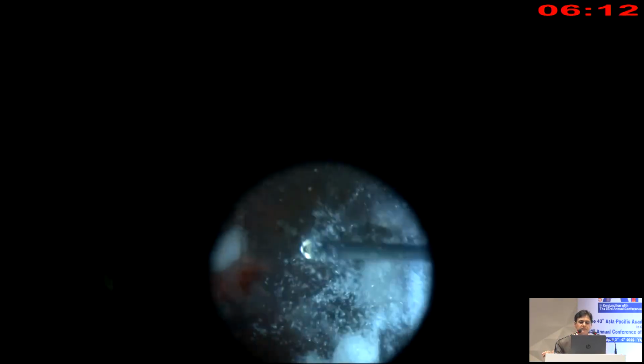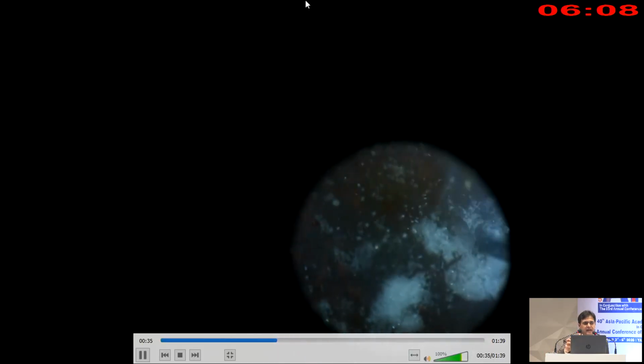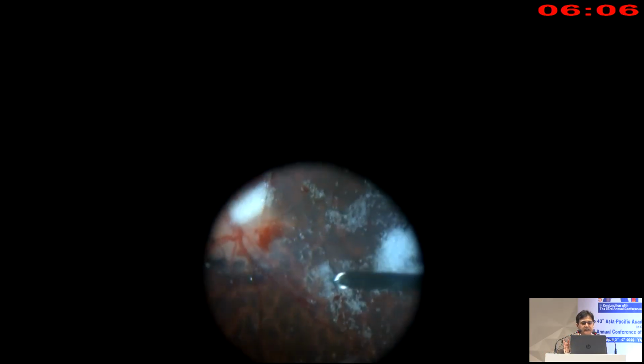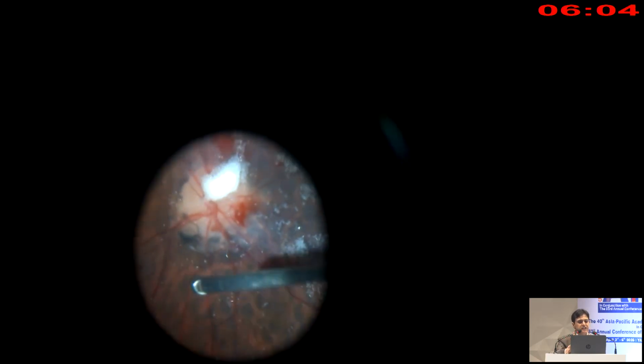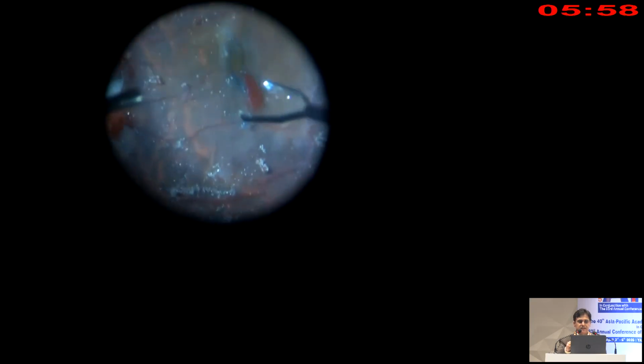This was followed by completion of the vitrectomy, and in such cases we usually prefer to do an ILM peeling also, a foveal sparing ILM peeling, which will further reduce the tangential traction. Nothing much has to be done. The surgeries are pretty straightforward, but of course there is always a risk.